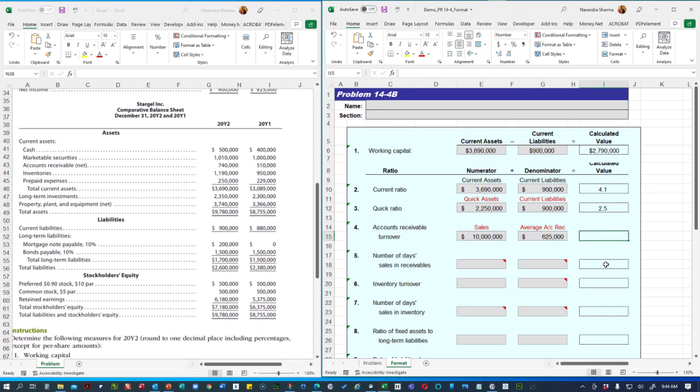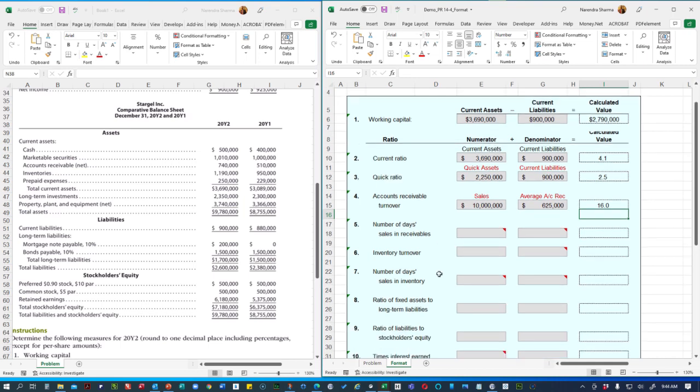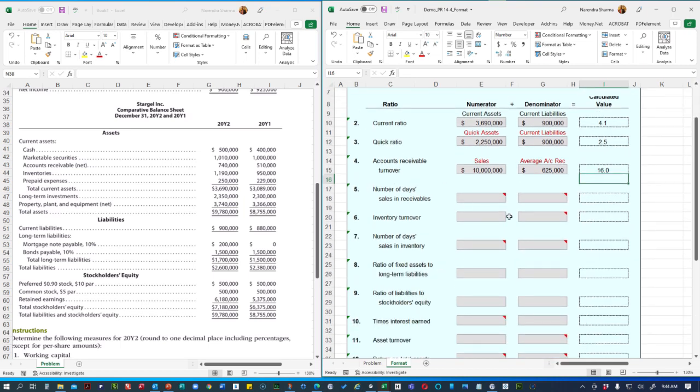625,000. So let's see the ratio. This is going to be 10 million divided by 625,000. So that will be 16. So that's ratio number 4, and ratio number 5 is, of course, we are asked to calculate the number of days sales in receivable.